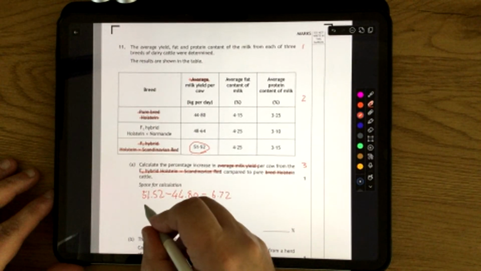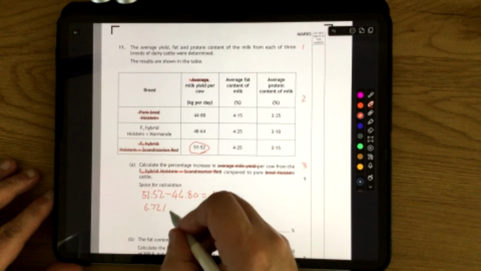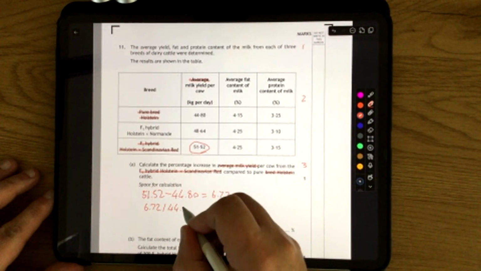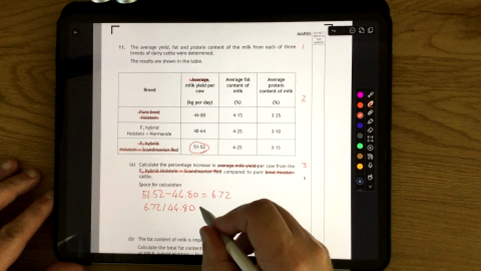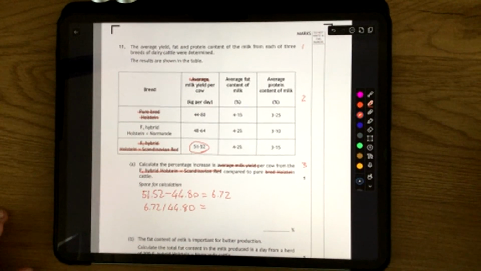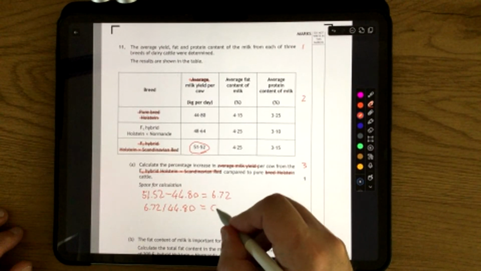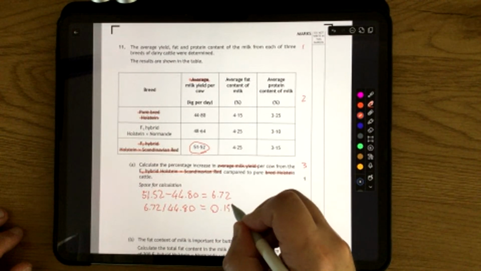So I'm going to put in 6.72 divided by 44.80, and put that in my calculator, and that is going to give me 0.15.